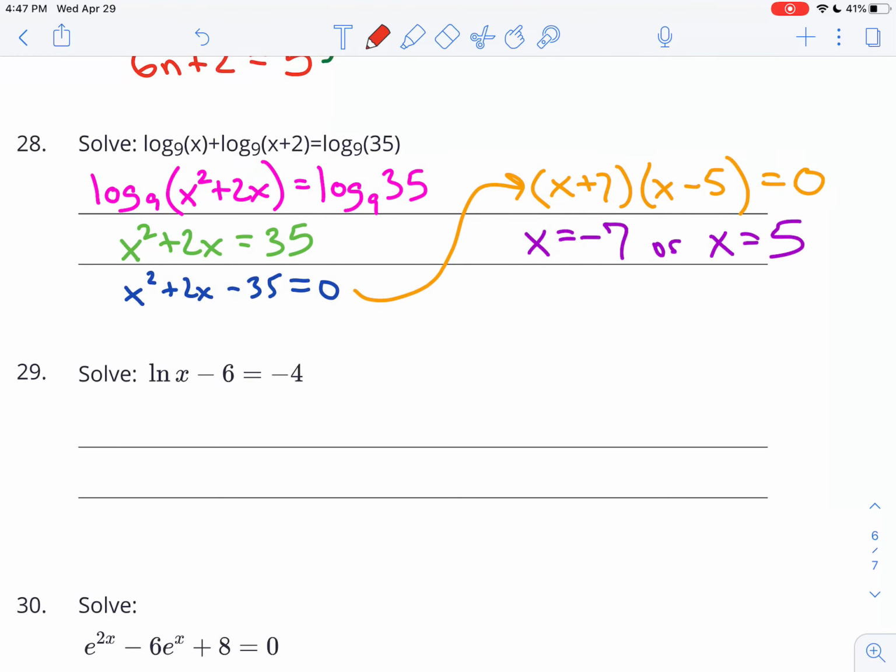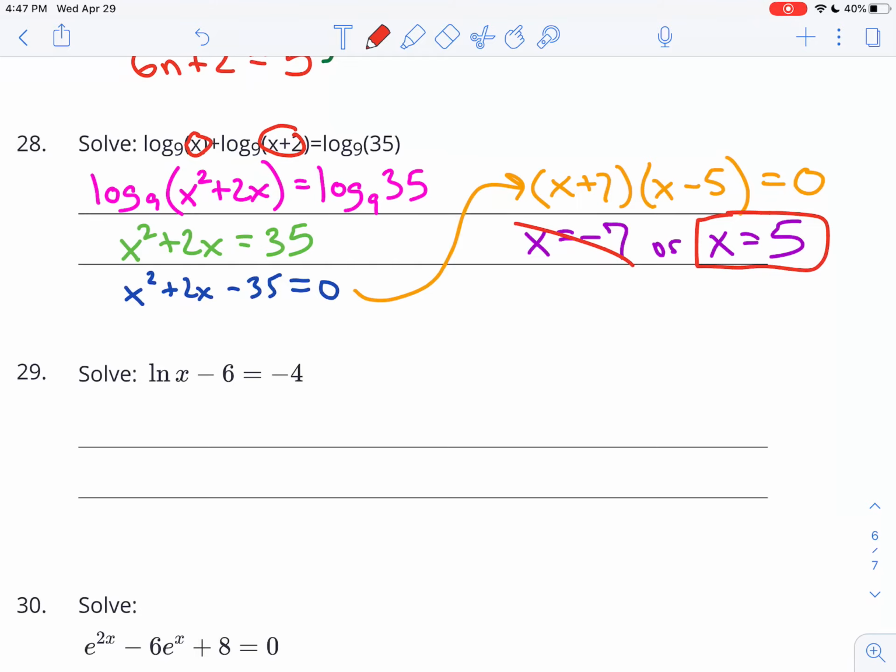It has to be greater than 0. So I have to go back to my x values, and I have to make sure that the inside of every log is greater than 0. So you're going to see pretty quickly the -7 does not work. And you can go as far or not far as you want to in checking it, but you can guarantee that 5 is a perfect answer.